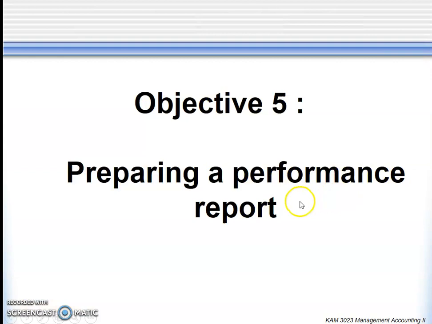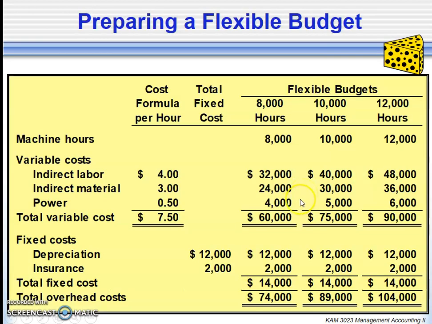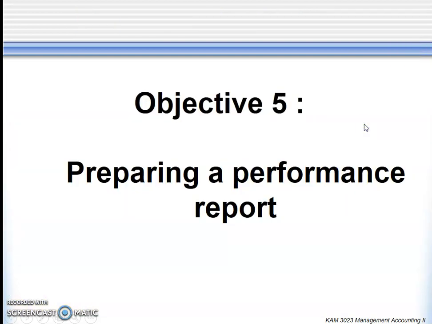For flexible budgets, we have several activities. So if the actual operation occurs at 8,000, we can compare the planned budget with the actual of 8,000. And if the actual is 10,000, we can compare with the planned budget here. So it is more orange to orange.